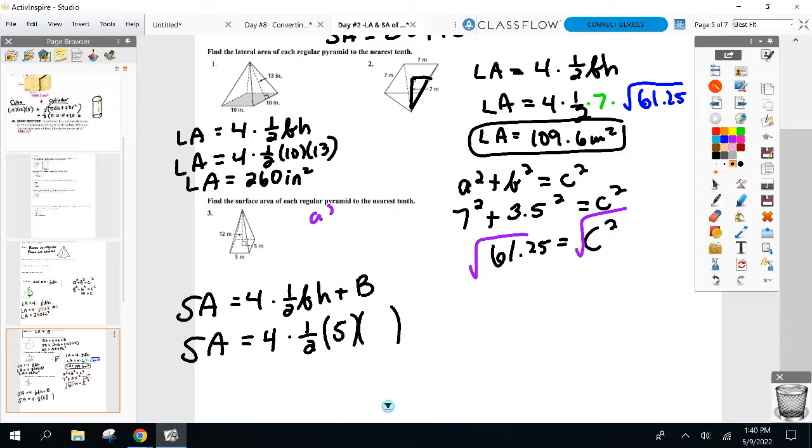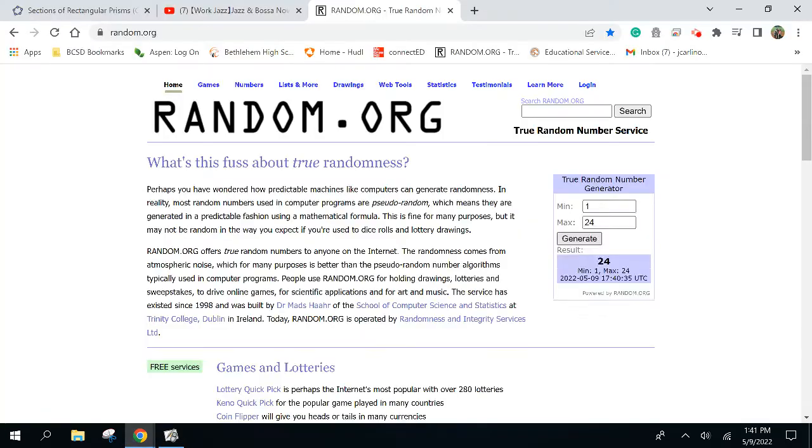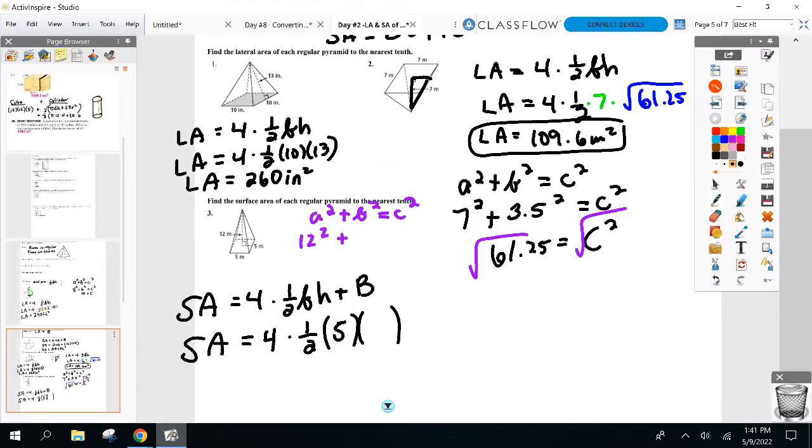Be careful. Definitely going to use the 12, the height, the altitude. What am I going to use for the other leg now? Not 5. Oh, 5. Speaking of 5, what am I going to use? 2.5 squared to solve for that slant height.